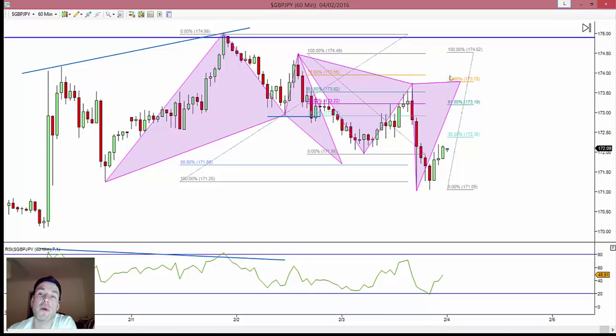However, I'm going to look for extended targets up at the 78.6 or slightly below, because if the cipher pattern completes, I want to be in. I want to take as much money as possible out of this move, and then I will trade the cipher pattern back down. So it's just a great thing to see that you can use certain trade setups to look for extended targets. You can go from one setup to another, literally one after the other.